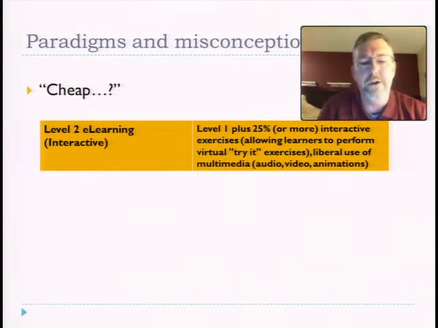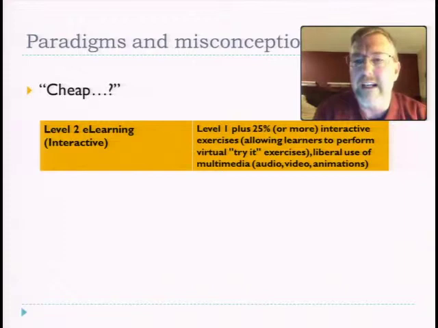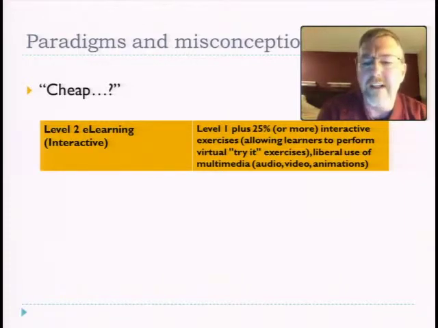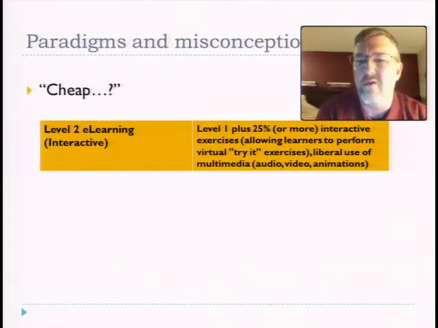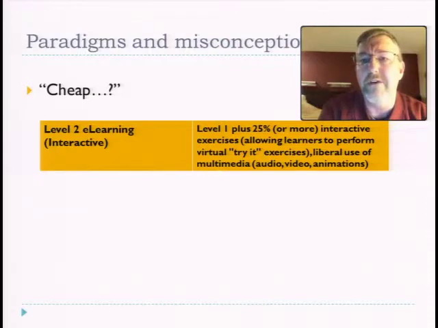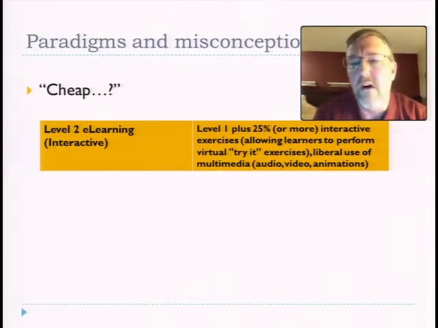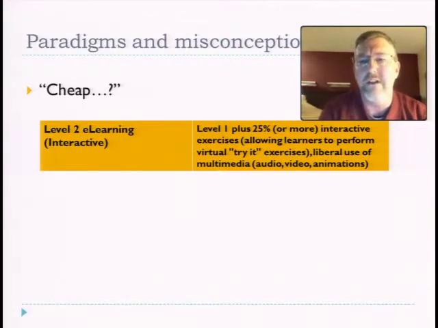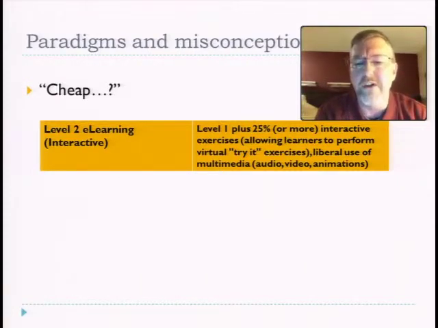Okay. Level 2, interactive some, about 25% more interactive than level 1, allowing some learners to perform some virtual try-it type exercises. Perhaps they're self-guided through the learning. They might have to do some matching exercises or pairing or assembly using the mouse with click and drop or click and drag. And there's some liberal use of multimedia.